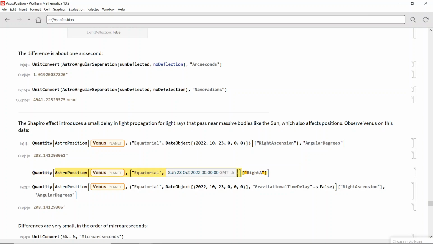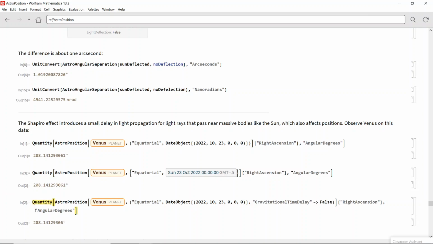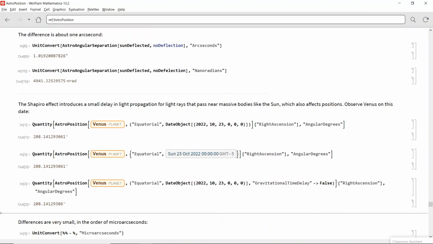Right ascension, angular degrees, so 208.141293061 degrees.